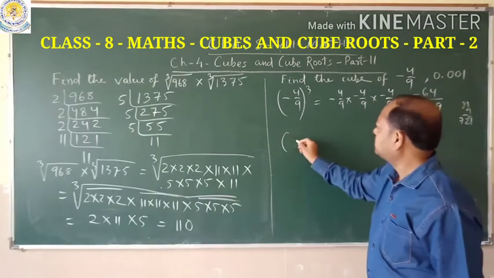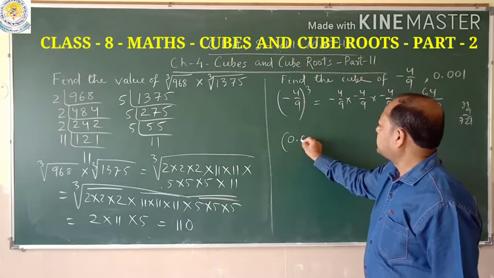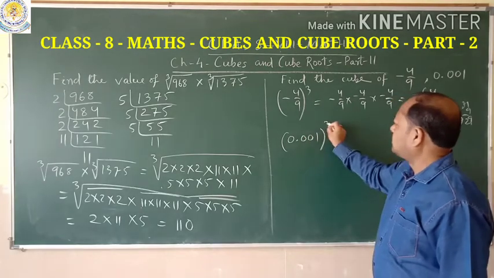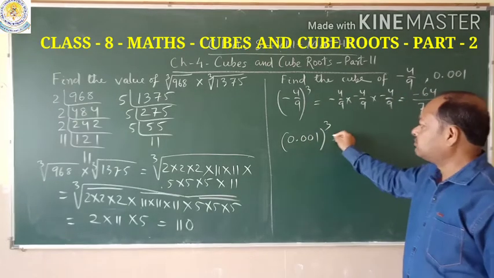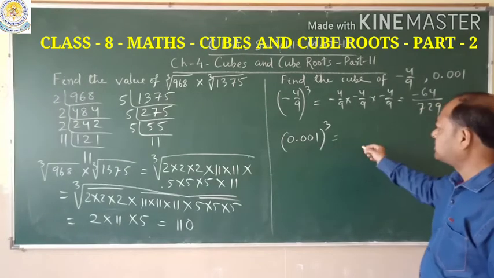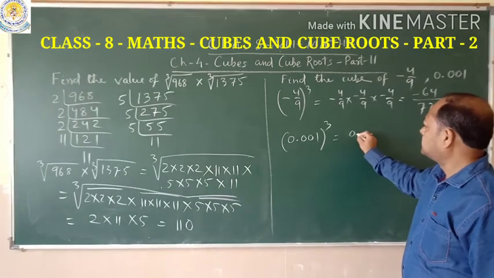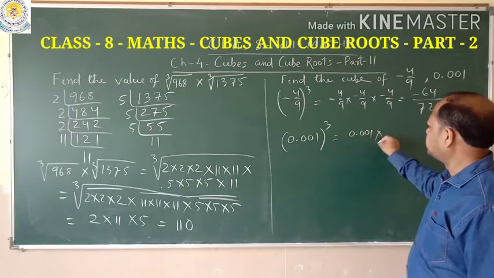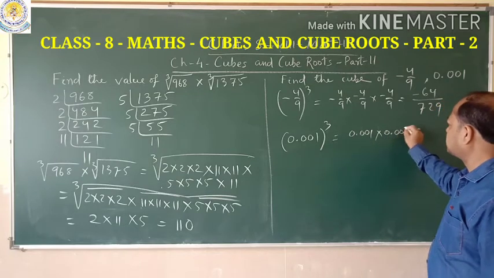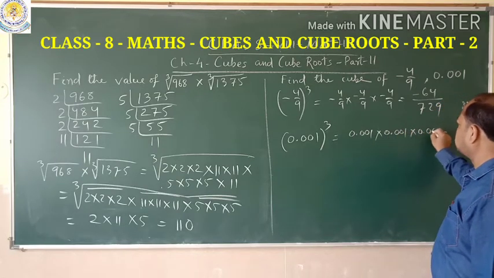Let's take the other number, 0.001, and we have to find its cube. Cube means the number will be multiplied 3 times. So 0.001 into 0.001 into 0.001.